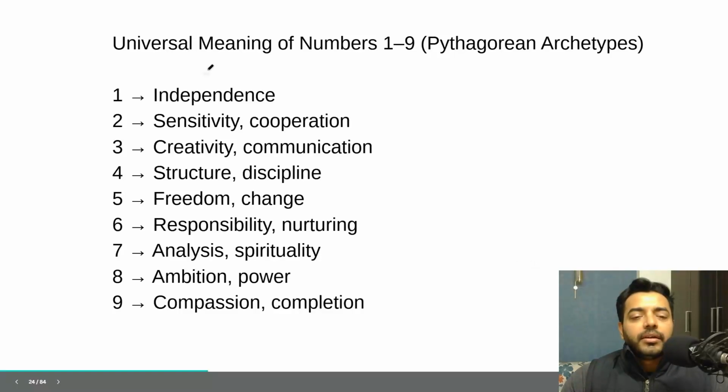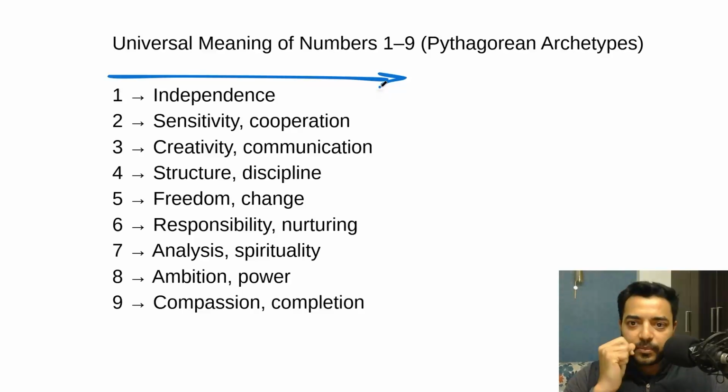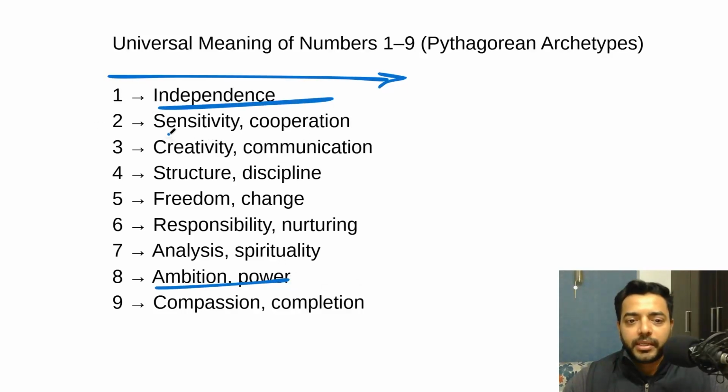Okay. Now, very importantly, this is something that you need to remember by the end of this course, but you don't need it right now because numerology is all about finding a certain number, like life path number. So, first things first, we'll understand how to calculate each one of the numbers. And when you arrive at a number, like number 8, you say that number connects to ambition and power, or independence, or sensitivity, or cooperation, something like that.